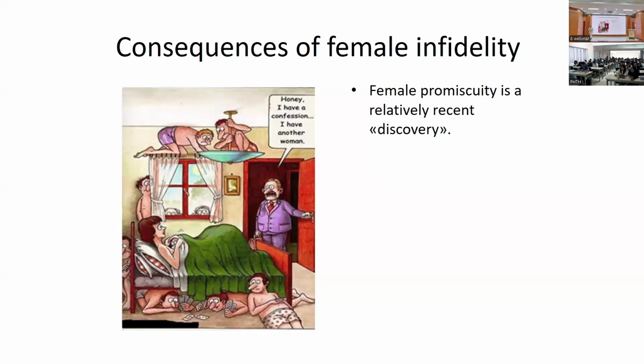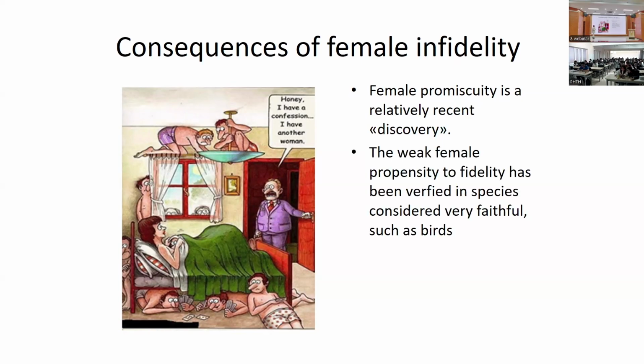Regarding female promiscuity, I just want to remember what you said, that females are more monogamous than males. Let's see if it is true. Female promiscuity was quite a recent discovery, even in very monogamous species like birds. Sometimes, using DNA, it is possible to discover that the DNA in the egg is not that of the husband.